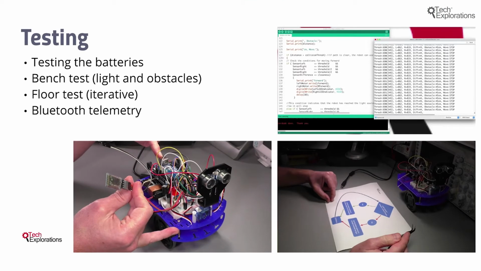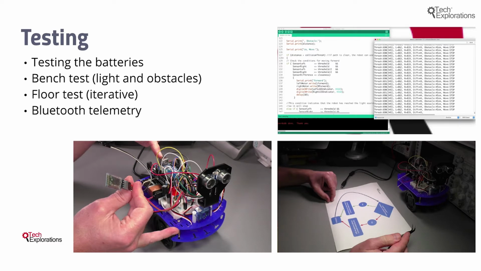Then the moment of truth arrives. By the end of the previous section, we had everything assembled, but we didn't really know whether the gadget actually worked. So in this section, we will be doing a lot of testing. We'll be testing the batteries first, then spend a bit of time on the bench doing some preliminary tests to make sure that the sensors, both the ultrasonic distance sensor and the light sensors, behave as expected. And then we are going to go on the floor and do a real test.